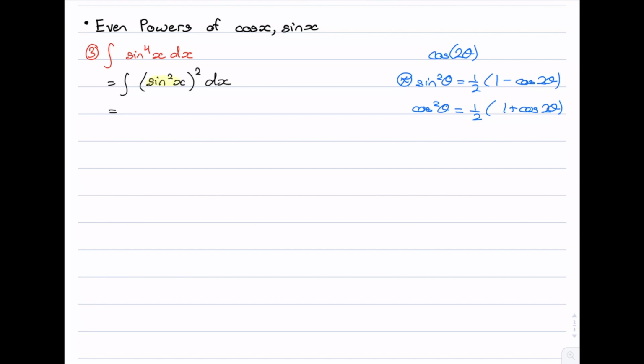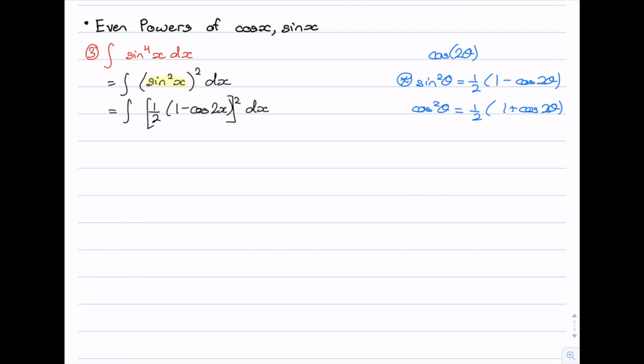For this sine squared here, we can use our formula, the one that includes the double angle. So that's going to be a half 1 minus cos 2 theta all squared. That should include the half, all being squared. And I wrote theta, but that should really be an x because we're dealing with x's.